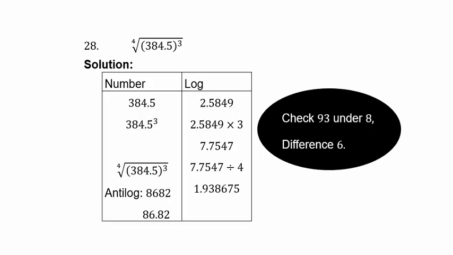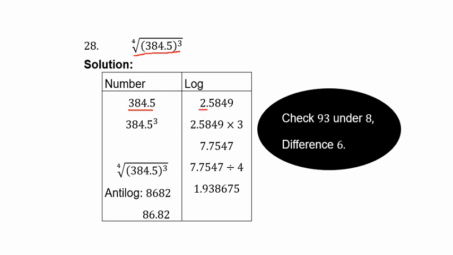So we have example 28. We have the fourth root of 384.5 cube. So we have to take the inner operator, that is power, before we take the root, that is fourth root. So we take 384.5 first, where the characteristic is 2.